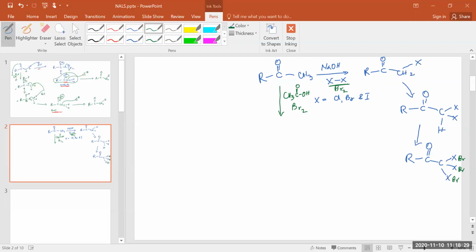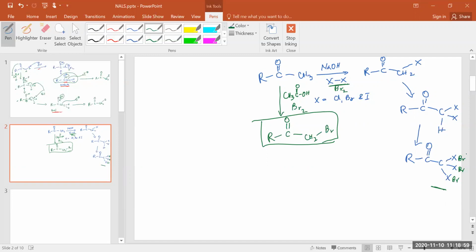Under acidic condition, it will make an enol, and the reaction will stop after substituting one hydrogen. This is an important point to remember. Because it is less reactive, it will stop after substituting just one hydrogen by bromine, the electrophile. Under basic condition it will keep on going.